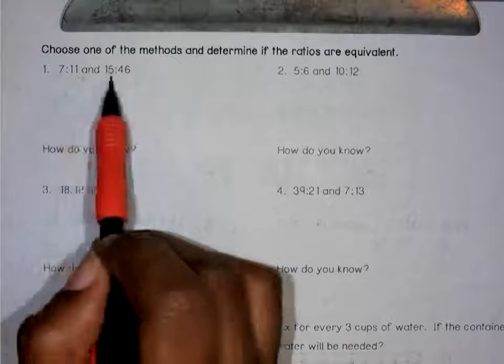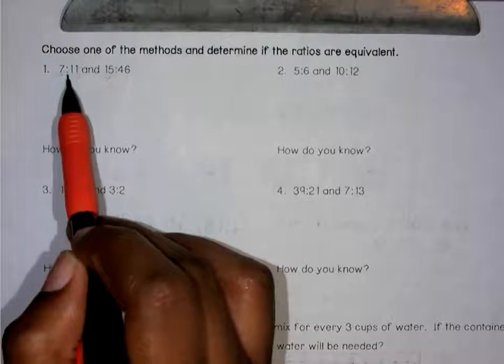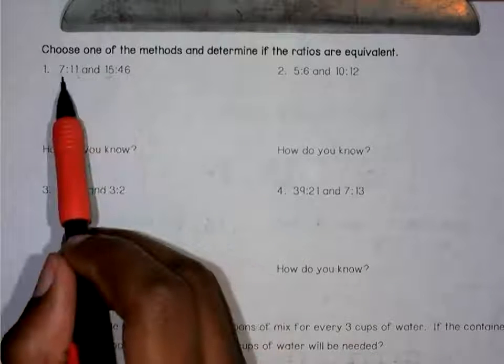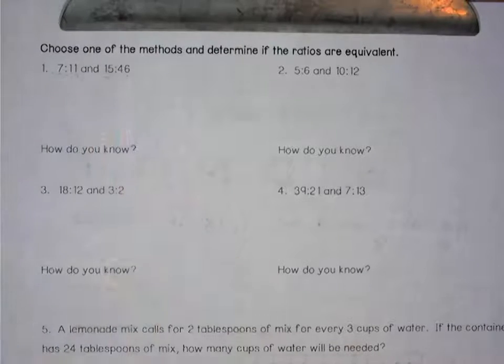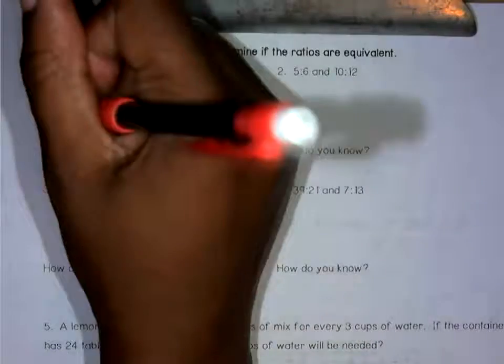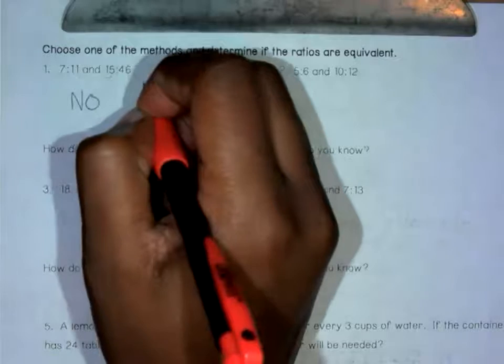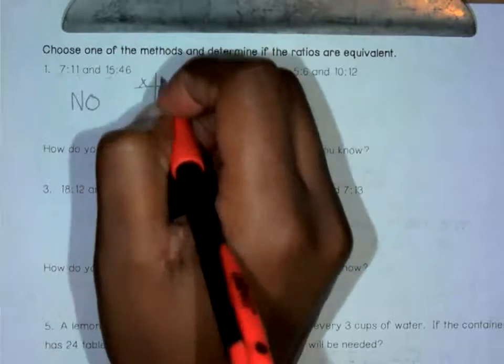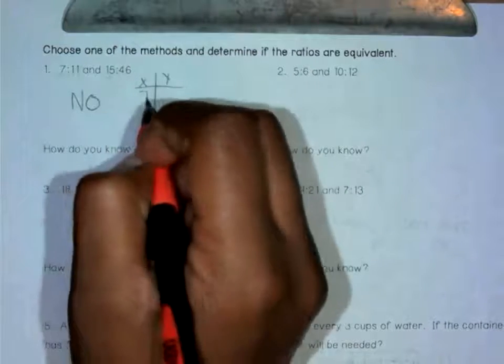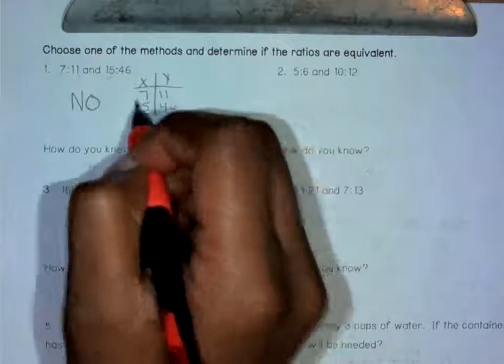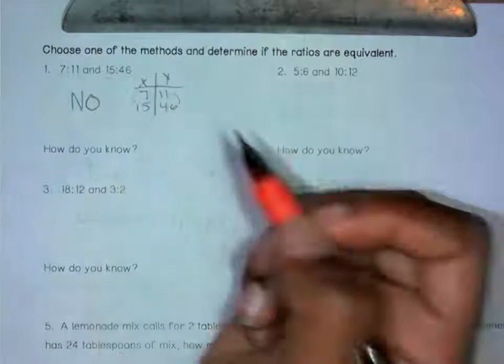They do not. 11 and 46, you know 11s are doubles, like your 22s, 33s, 44s, all of those. So in this case, 7 to 11 and 15 to 46 are not equivalent. They are not the same. I'm going to just label it X and Y. You don't have to, but you can't go from 7 to 11 to 15 to 46. That is not equivalent.